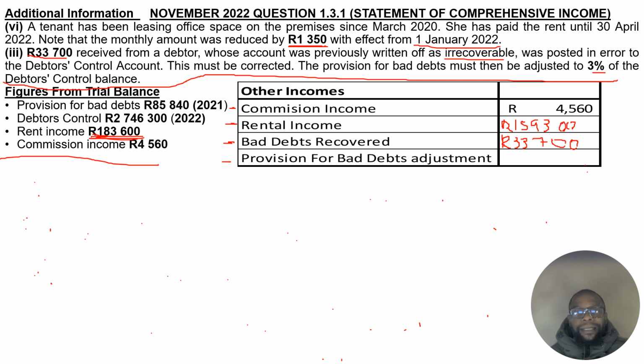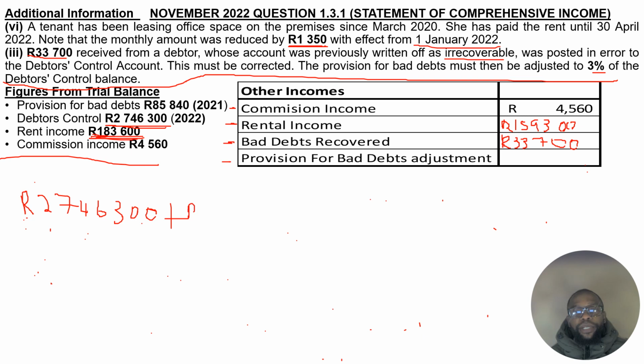And now we want to calculate the provision for bad debt. But we know that from this debtor's account, they took 33,700 out, thinking that it was debtors control, whereas that amount was already written off. So we need to include it back so that we can know the original debtors control. The original debtors control we have is 2,746,300.